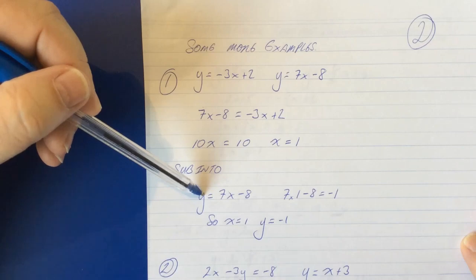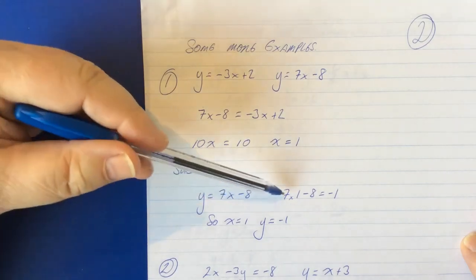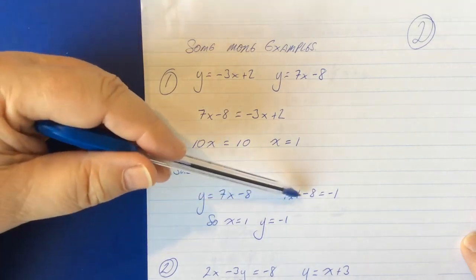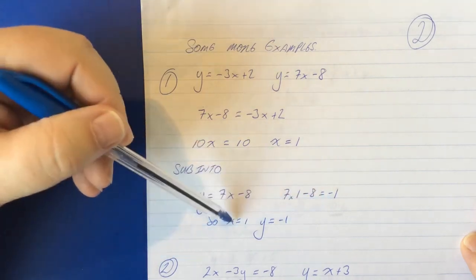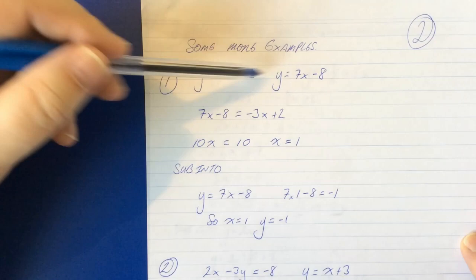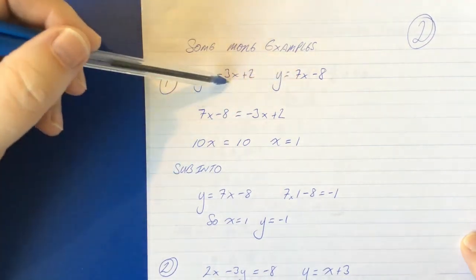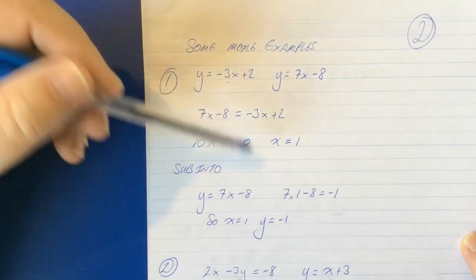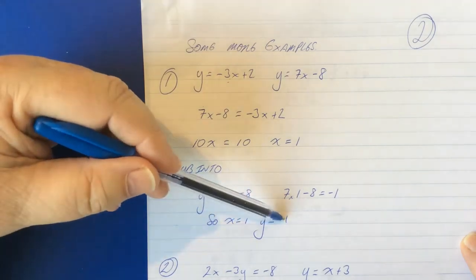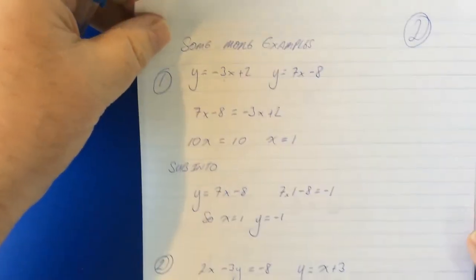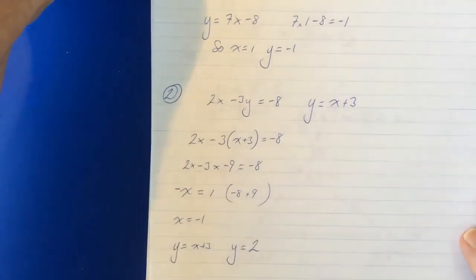So y becomes equal to 7 times 1 minus 8, which is negative 1. So the coordinates at which the graphs of these equations intersect are x equals 1, y equals negative 1. Okay, one more. Slightly more awkward.